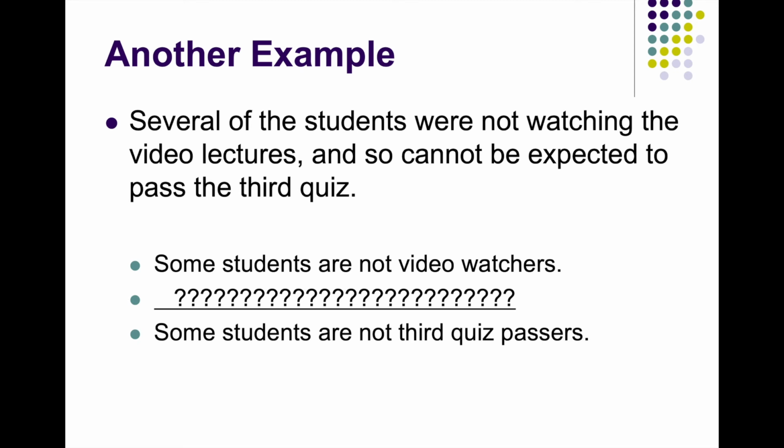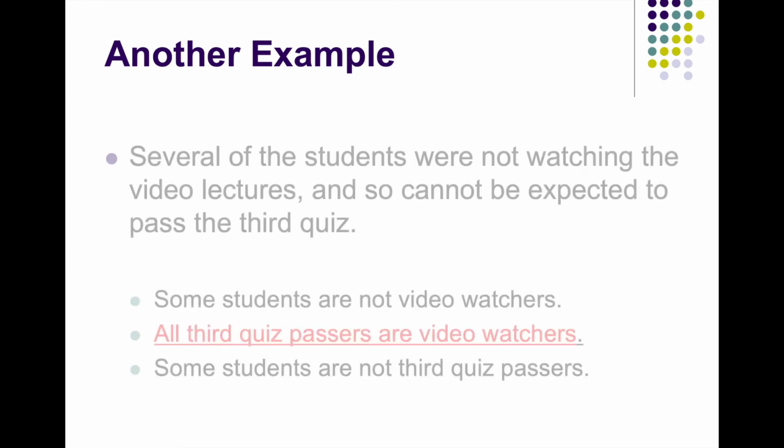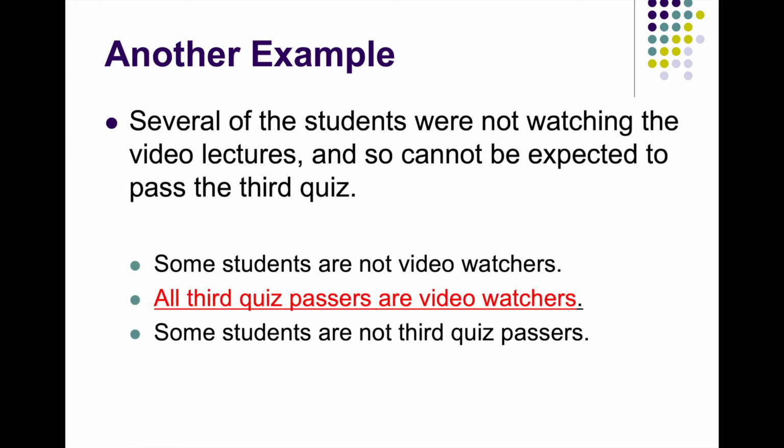And so that tells us that the missing premise is not only affirmative, but universal affirmative, because if I put third quiz passers as the subject of a universal, it will then be distributed. And so our final valid syllogism is, as appears here, the missing premise: all third quiz passers are video watchers.